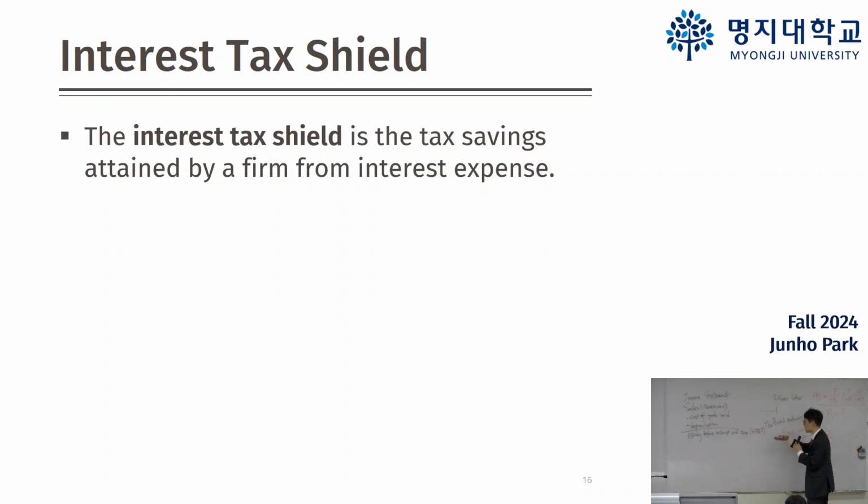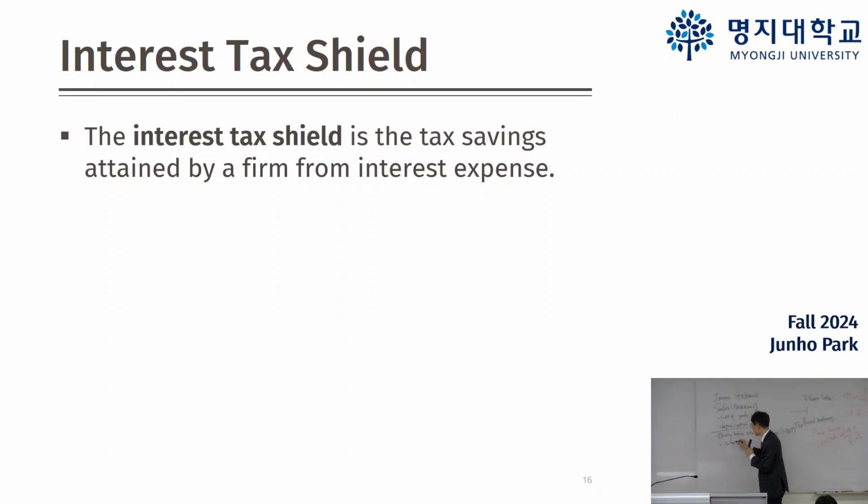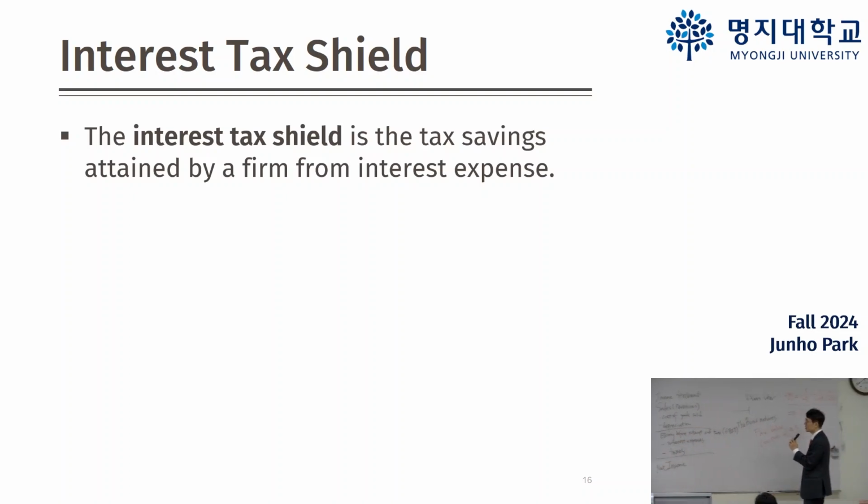And then from the EBIT, you take out interest expenses, and you take out taxes, and finally you get net income. So this is the typical structure of the income statement.